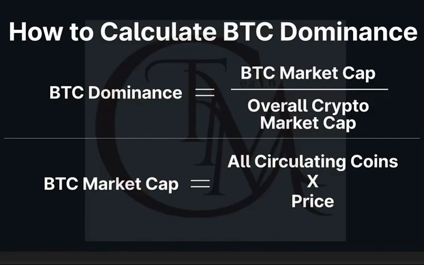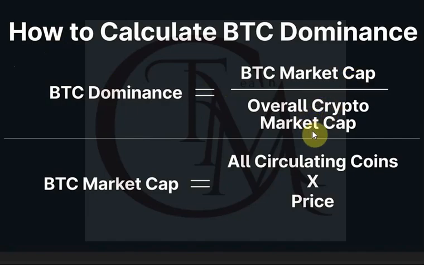Bitcoin dominance is calculated as a percentage and shows how much of the total cryptocurrency market capitalization is attributed to Bitcoin. The formula for calculating it is as follows. Bitcoin dominance is the ratio of Bitcoin's market cap to the total market cap of all cryptocurrencies.